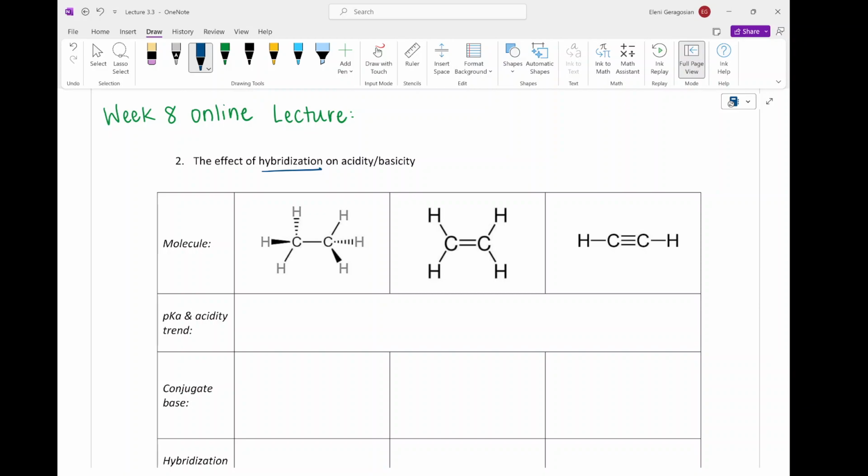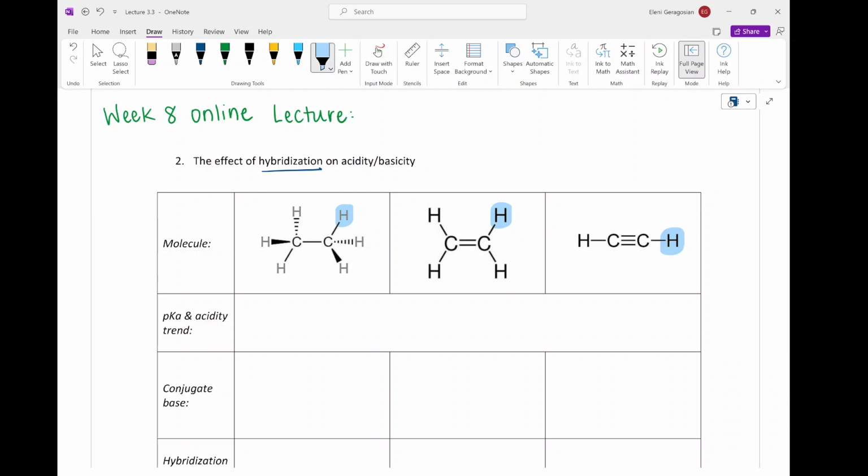Now notice if you're looking at these three molecules, we can pick any hydrogen as being the most acidic hydrogen because in each of these three molecules, each hydrogen is equivalent. They're bonded to the same atom, same part of the molecule.